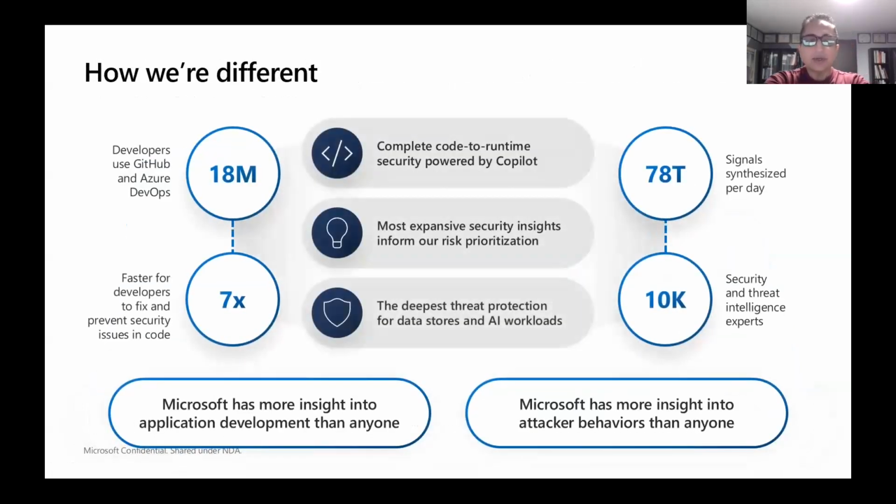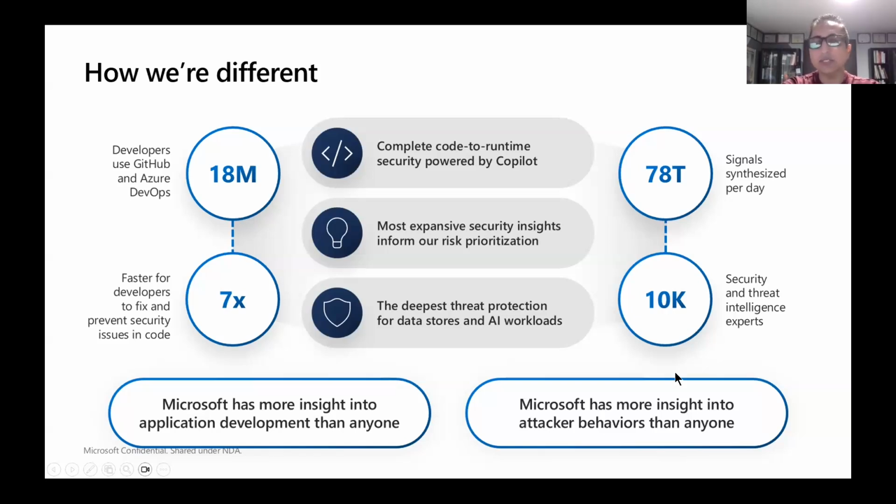Now, again, there's a lot of statistics here, and this is really just to highlight the importance of this. Once you have enough signals, like Microsoft sees 78 trillion signals per day across all of our security services, these are security signals. We have over 10,000 employees that are just focused on security products themselves.